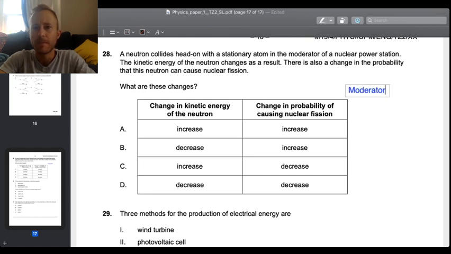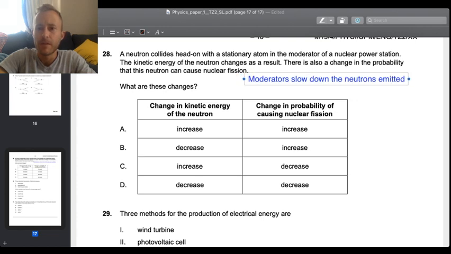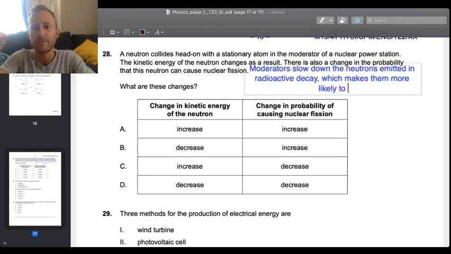Moderators slow down neutrons. They slow down the neutrons emitted in radioactive decay, which makes them more likely to cause other radioactive nuclei to decay.